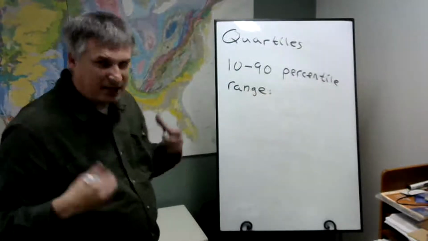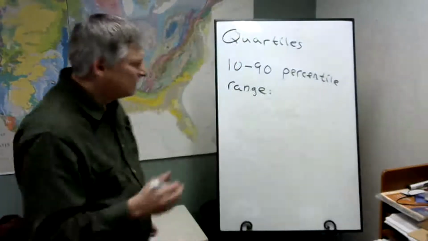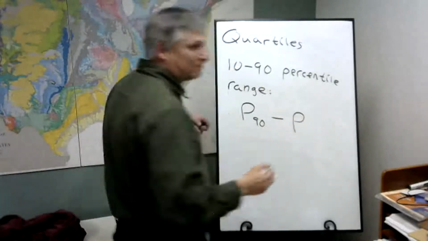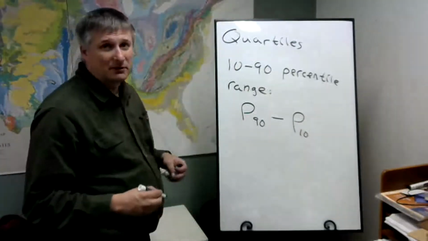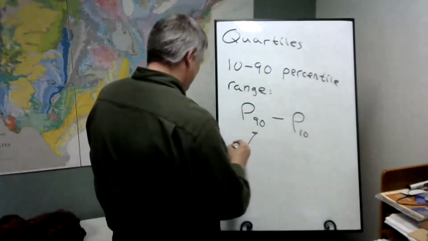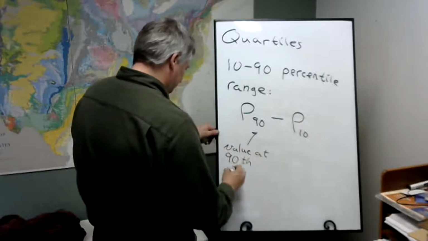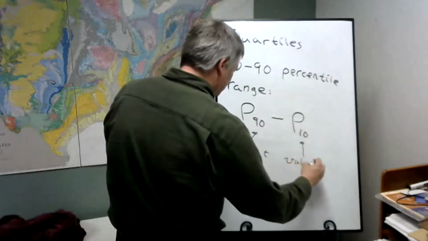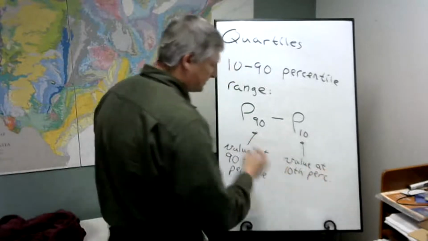Instead of the interquartile range, where you took the value at the 75th percentile and subtracted from it the value at the 25th percentile, here we'll use the data value at the 90th percentile and subtract the value, or again, maybe it's a value in between data values, at the 10th percentile.